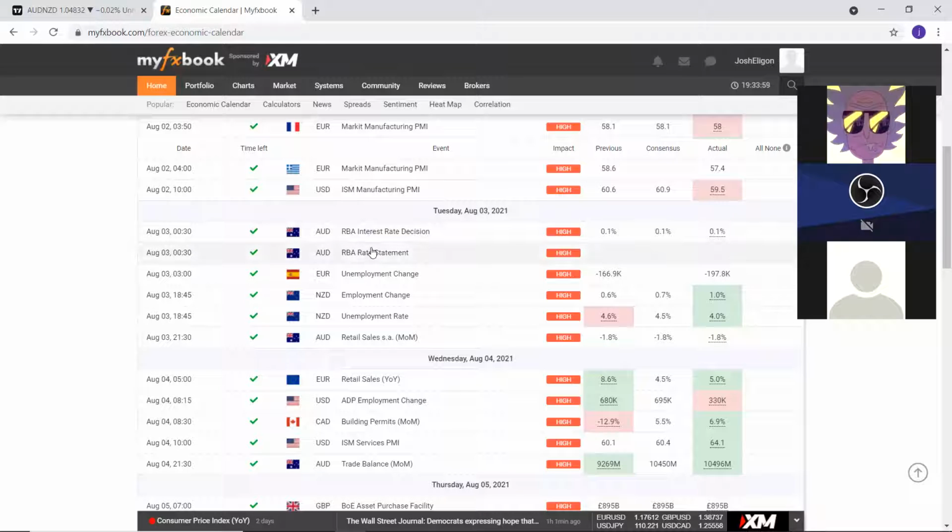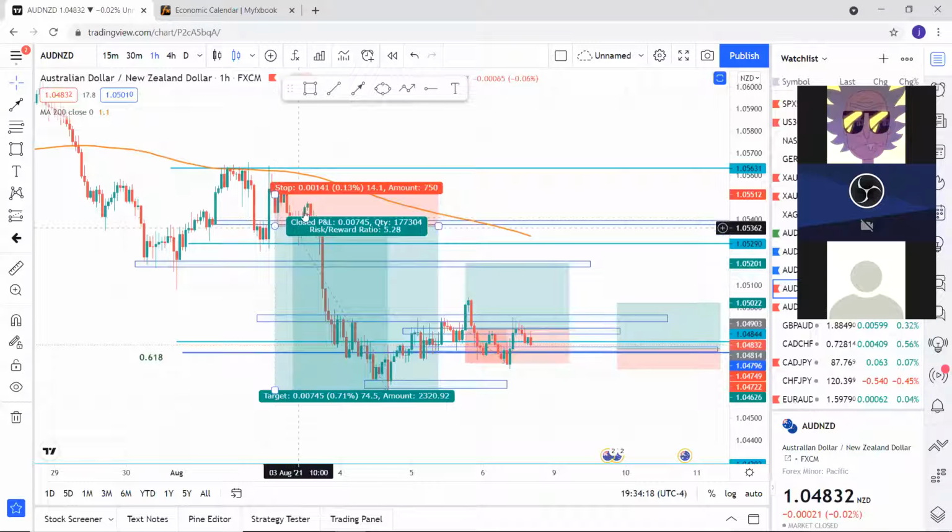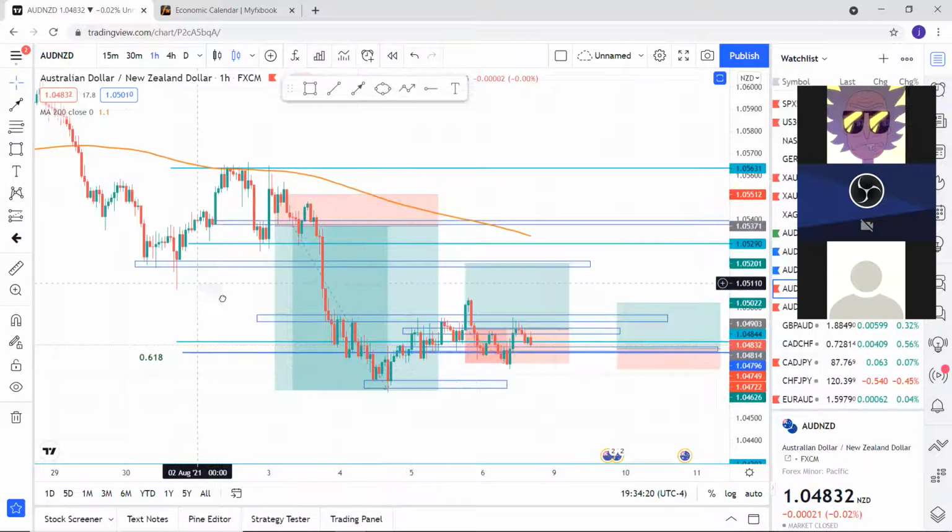Whether they're going to hike up interest rates, which would have been a positive thing for the AUD, or whether they were going to keep it the same, which would have been a less optimistic outlook, right? And as you can see here, they kept it the same. So at that point, we started seeing that bearish pull down to the downside, right?